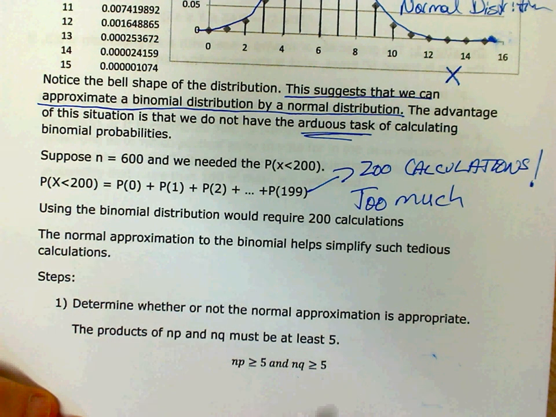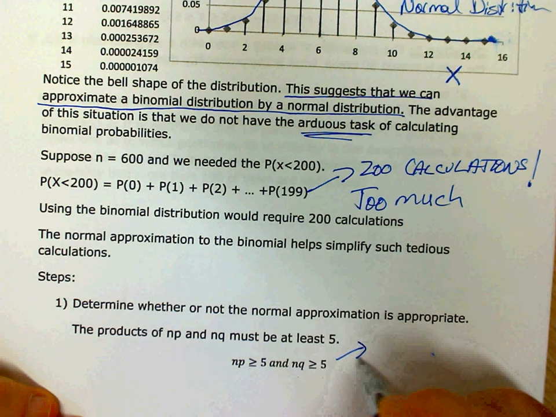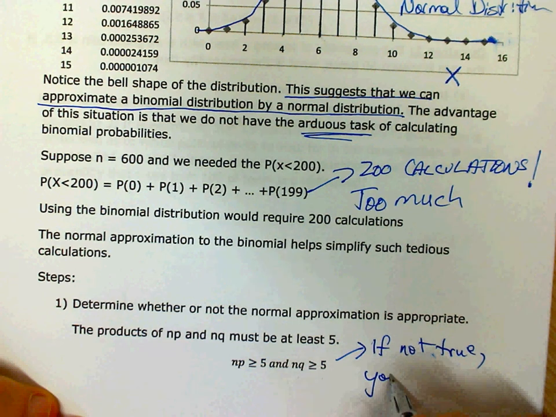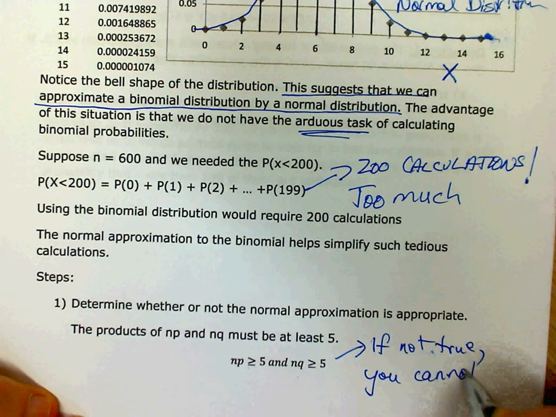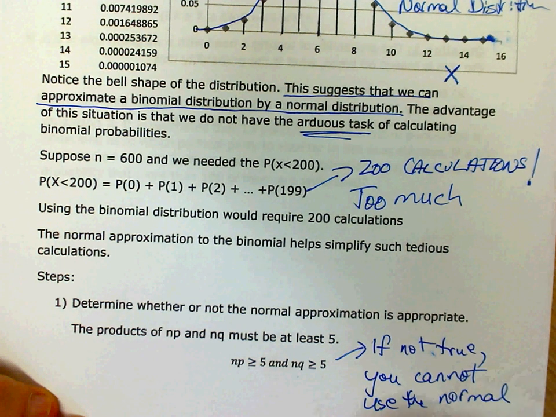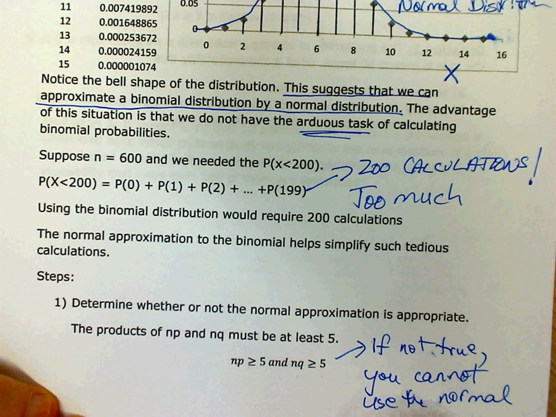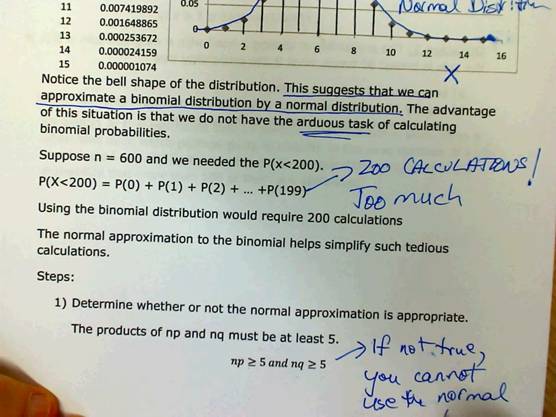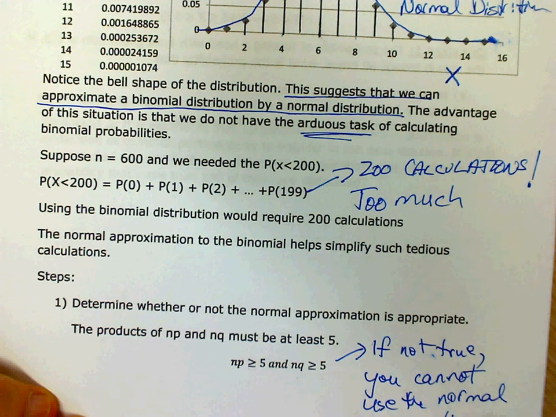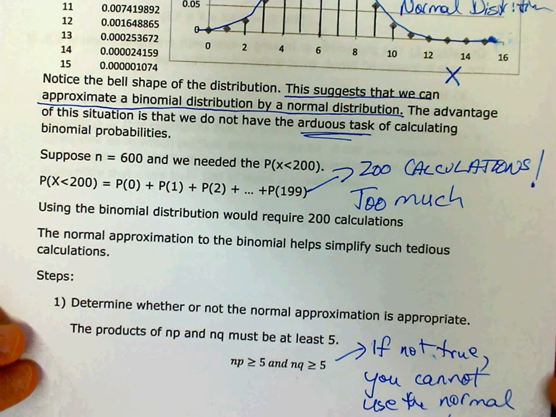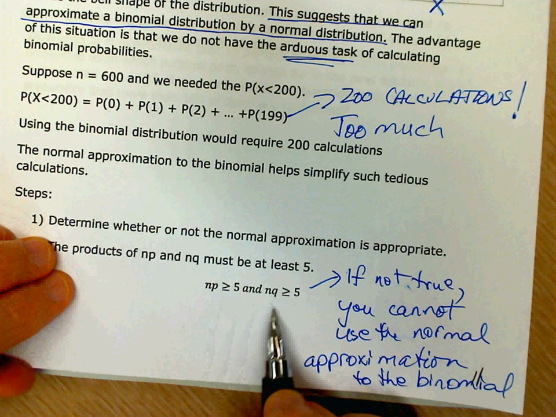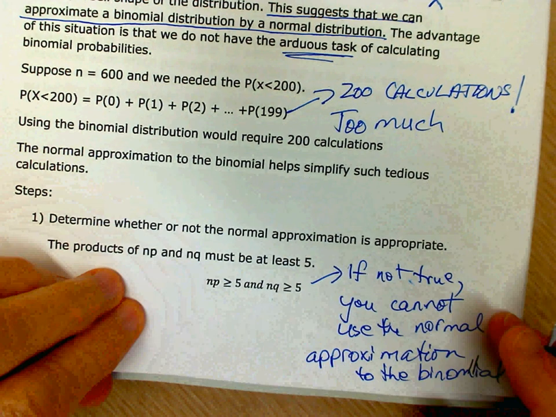If they're not true, you cannot use the normal approximation to the binomial. You'll just have to use binomial. So these two conditions have to be true.